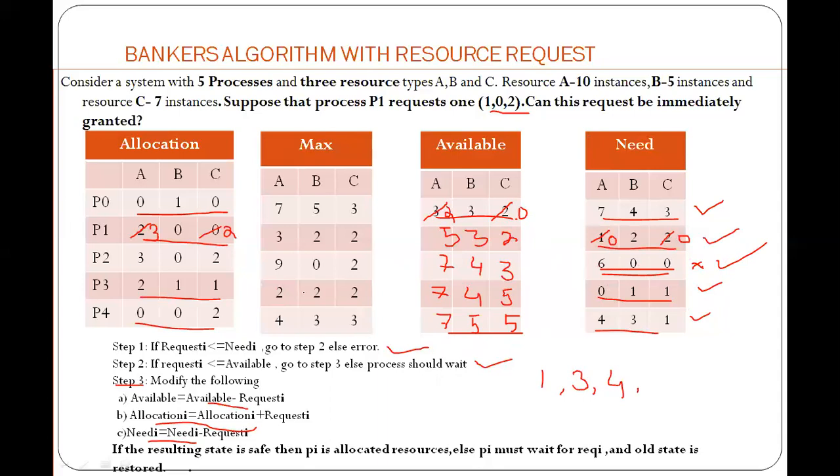So when you add to the availability after releasing the resources, what went next is P0, and then finally the one which is left is P2, right? So we'll have to release P2's resources. So this becomes 10, this becomes 5, and this becomes 7, which is equal to the total given in the question. So at the end, this is definitely a safe sequence, P1 P3 P4 P0 P2.